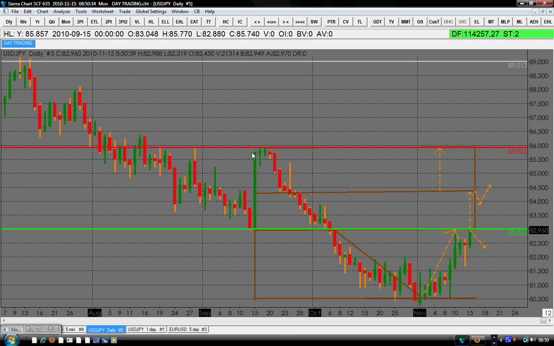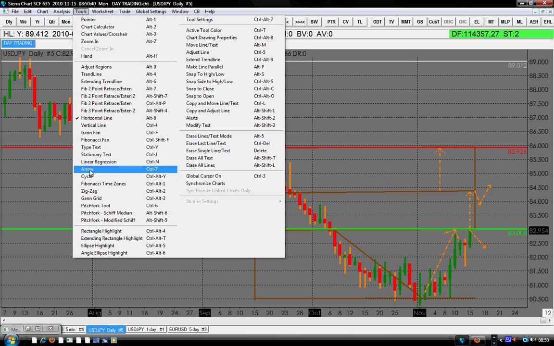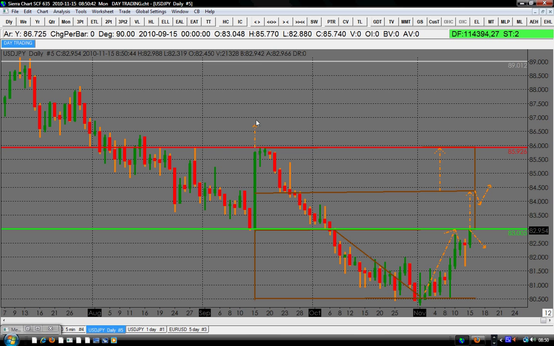Another projection of this distance from here to here, we project the same distance again, talking about market geometry. That will be the next box. So we are moving out of this first box here. We are challenged by the second box here.